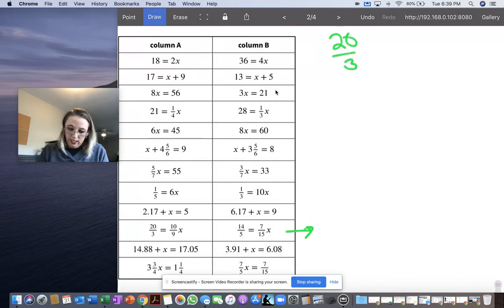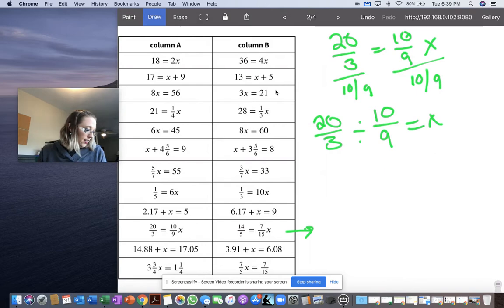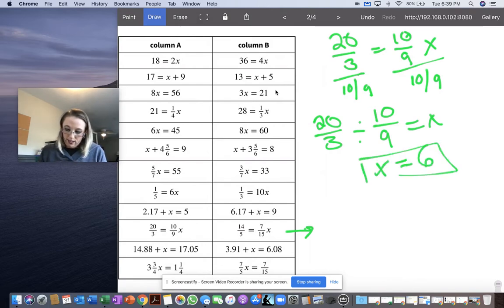20 thirds equals 10 ninths x. Okay, we're back to multiplication and division. So that means that you're going to divide by 10 ninths. Again, 20/3 divided by 10 ninths equals x. X is actually going to equal 6. Okay.